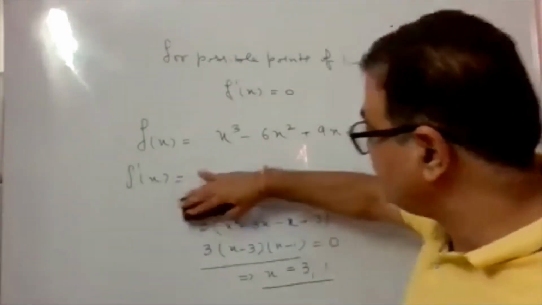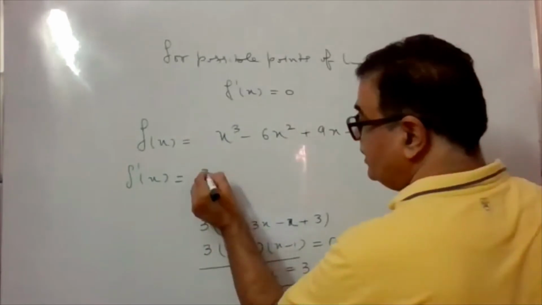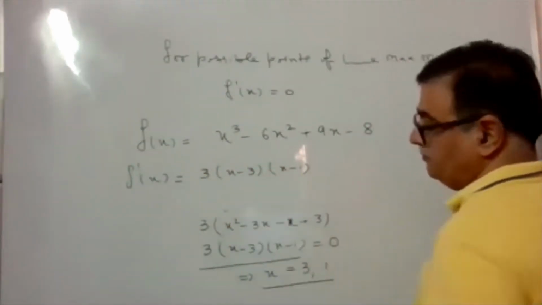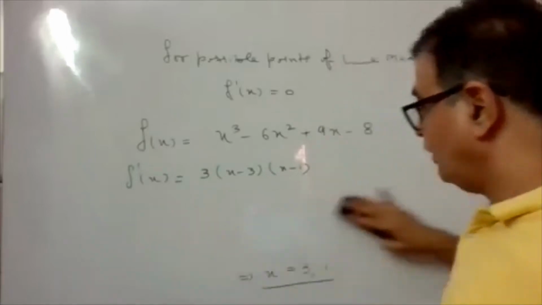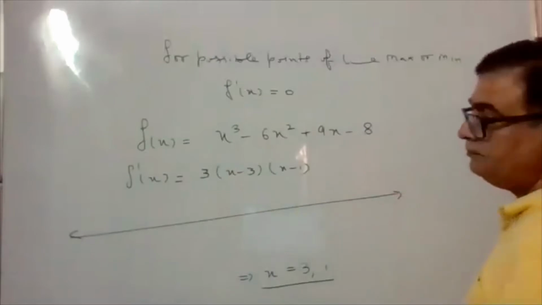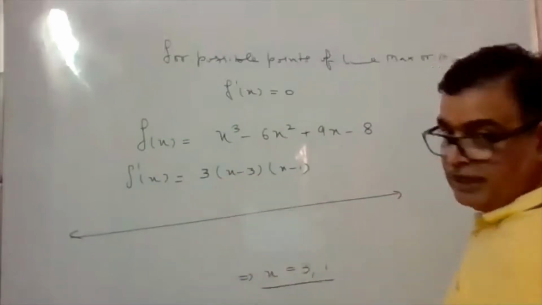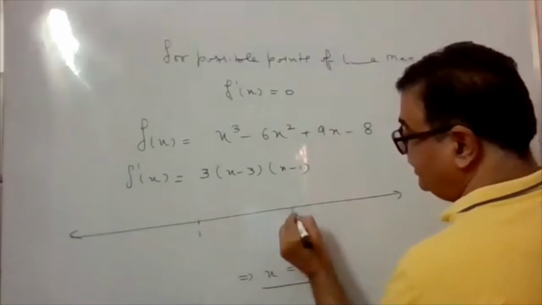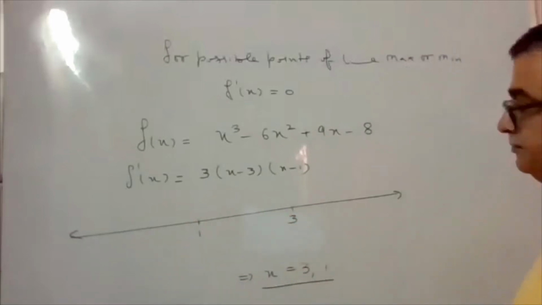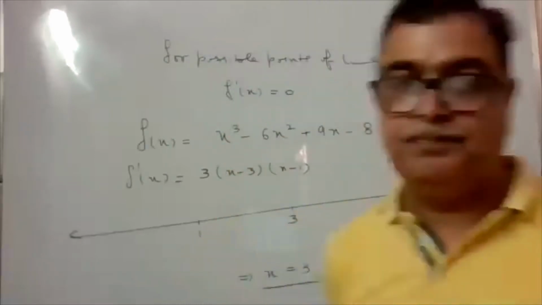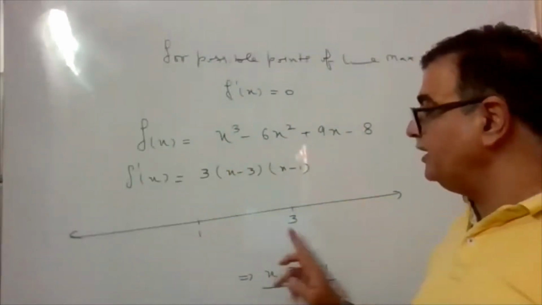So now f dash x we have already, 3 times (x minus 3) into (x minus 1). This will be our number line. The points which you got are 1 and 3.